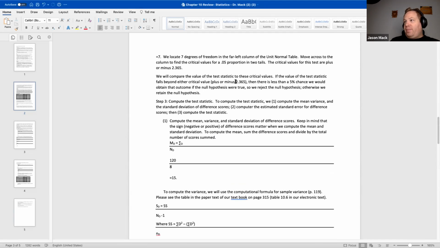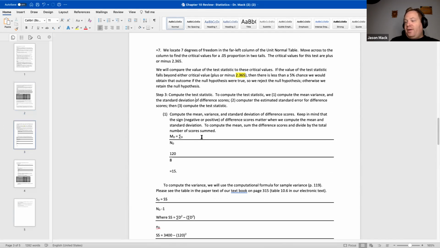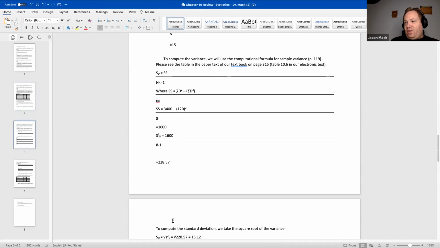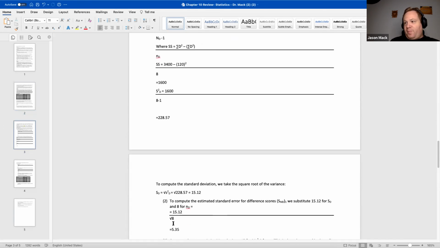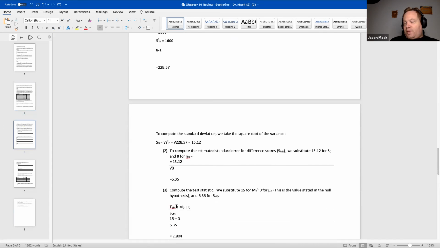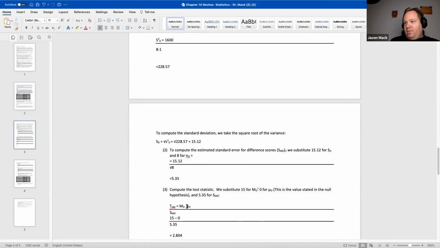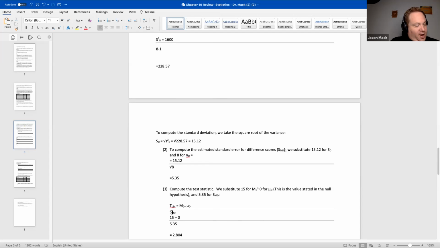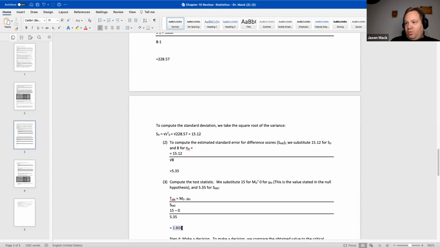So we're going to compare this. We're going to figure out the t obtained value and compare it against the t statistic. The t obtained value is the mean difference of the sample minus the mean difference of the population. So it's 15 minus 0, because it's a null hypothesis, divided by the standard error for the difference of scores, 5.35, and we get 2.804. So let me highlight that.